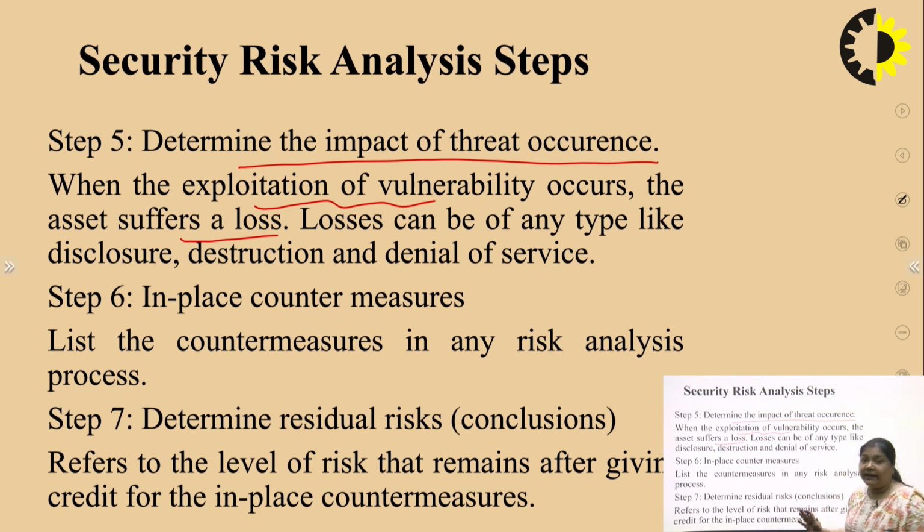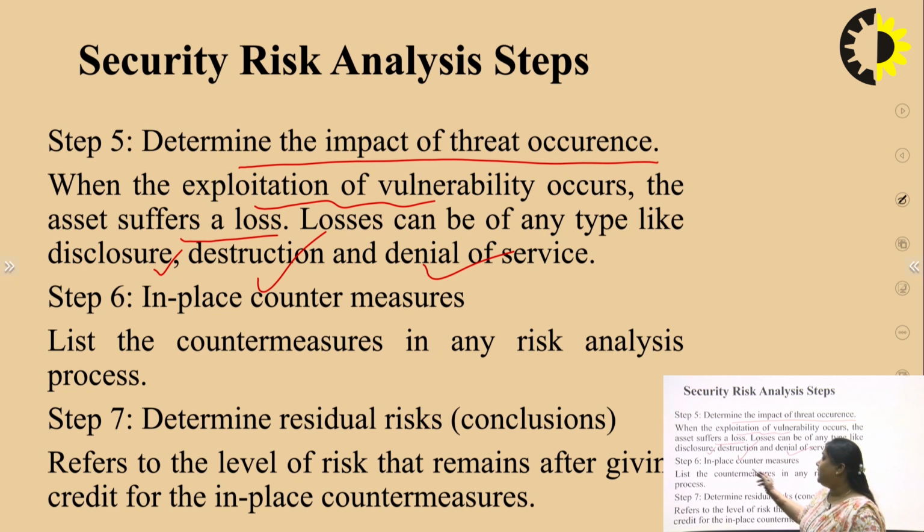Losses can be of any type, such as disclosure of personal information, destruction of data, and also denial of service, meaning that information does not exist in our system, or the server does not have sufficient resources to reply to that request.